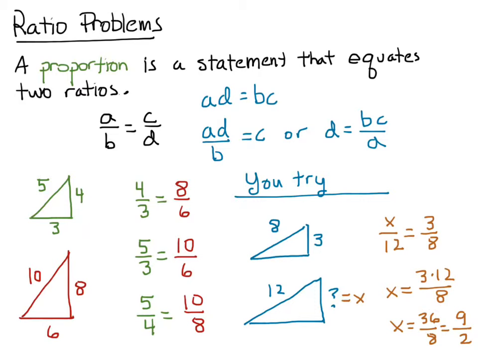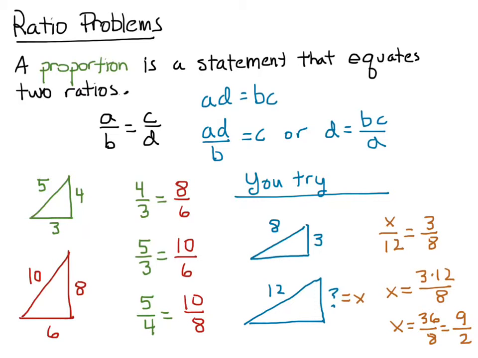Yes, Melissa? Why did you decide to make it 3/8 instead of 8/3? You could do that. Because I did it opposite, but I got the same answer. You got the right answer, right? Yeah, the proportional ratios work, there's nothing magical about being the numerator or the denominator.